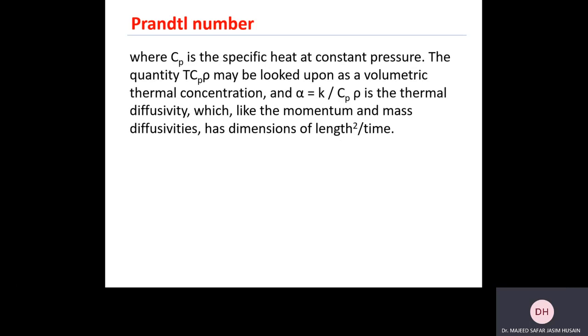And alpha, which is K divided by Cp rho, is the thermal diffusivity. So we have the mass diffusivity, the momentum diffusivity, and the thermal diffusivity, which is alpha. If you check the units, the units of these diffusivity terms will be length squared per unit time.